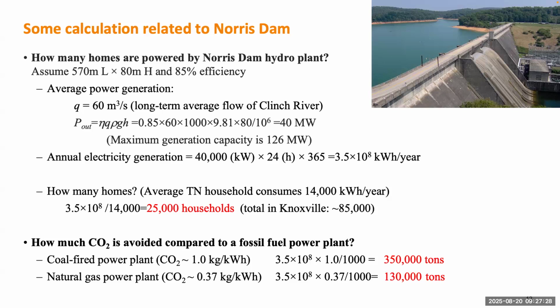Each kilowatt-hour comes with maybe just slightly over a third of the coal-fired power plant. So that will result in 130,000 tons of CO2. In the US, there's no CO2 tax or CO2 market. But in Europe, they have a carbon price, which is about $40 to $80 per ton.